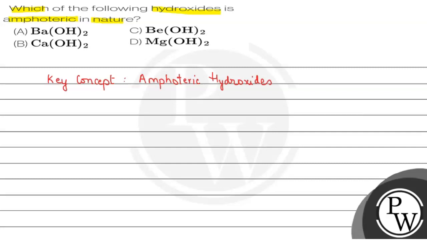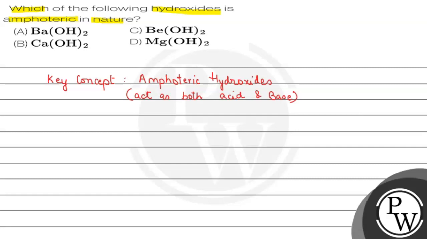What are amphoteric hydroxides? These are the hydroxides which can act as both acid as well as a base. So in a reaction they can behave or react both as an acid और बेस.